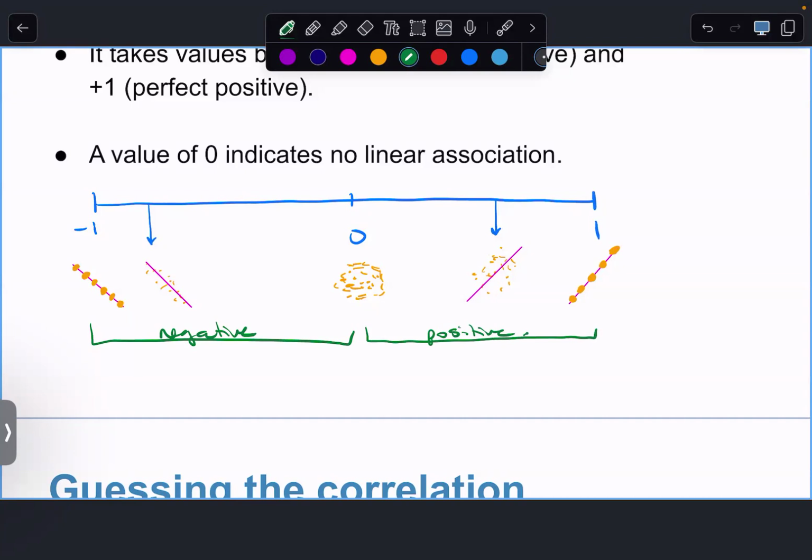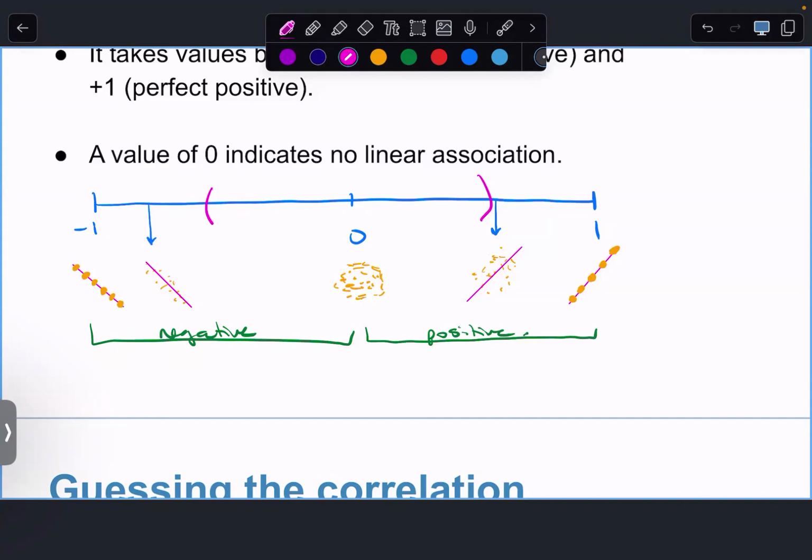What color haven't I used? Oh boy, I'll use pink again. I use as a rough guide a correlation of 0.5 on either end as my transition from a weak to a strong relationship. Some fields, like I think psychology, have like 14 different breakpoints. Oh, if it's between this and this, then it's moderately strong.